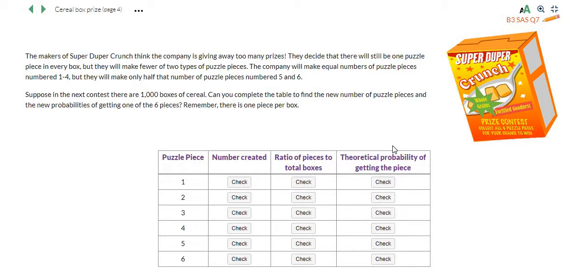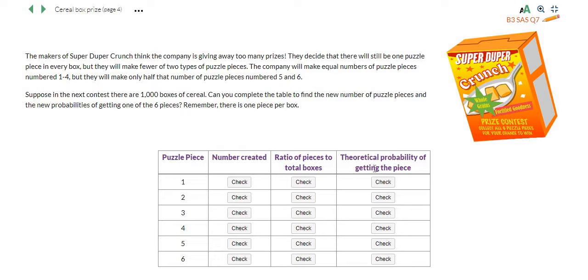They said for the next 1,000 cereal boxes, puzzle piece 1 through 4 have equal likelihood of being picked, but puzzle piece 5 and 6 they were going to make harder to pick. They're only going to make half as many of those puzzle pieces. So those 2 would be harder to find.